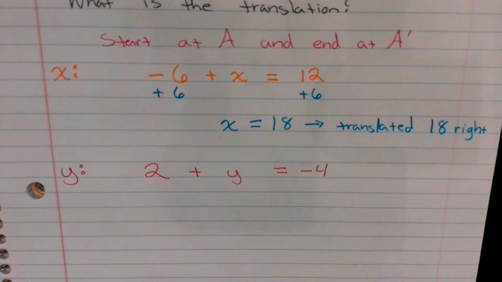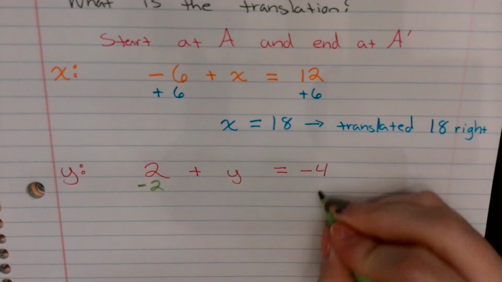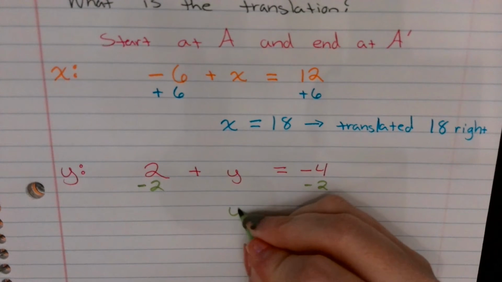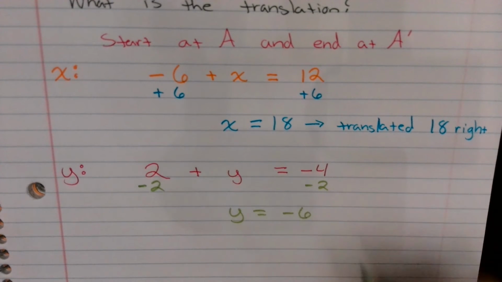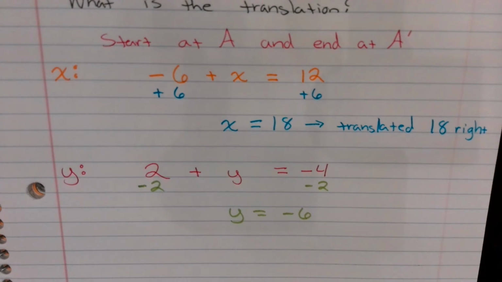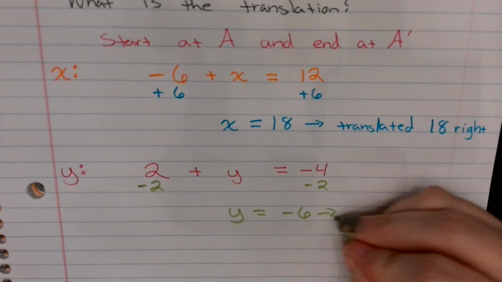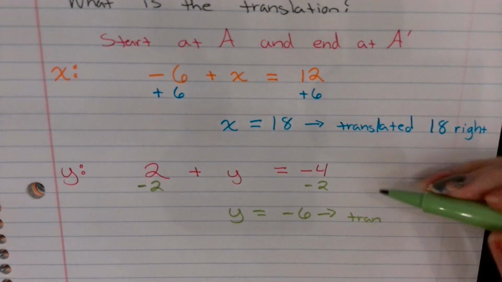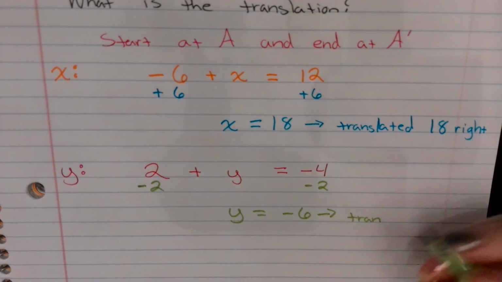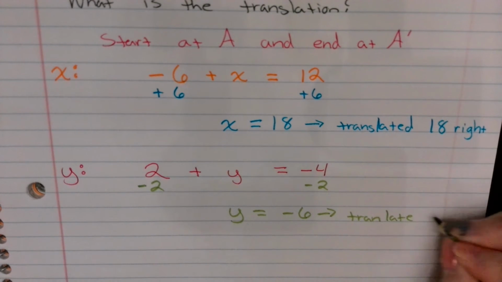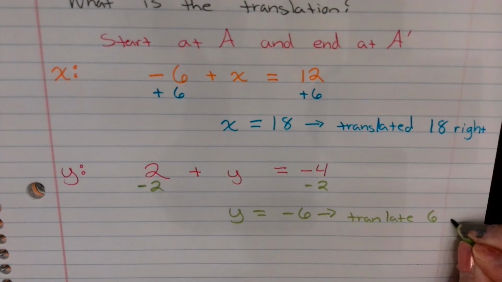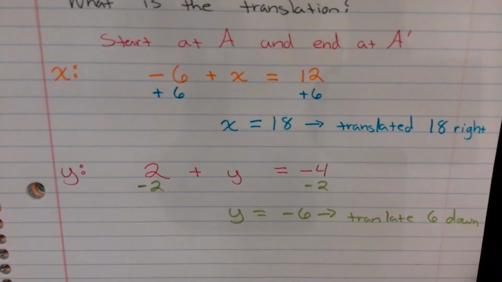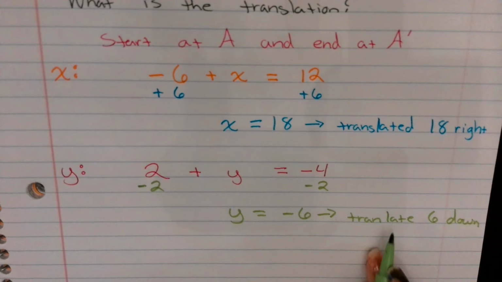Well, in order to get the y by itself, I'd have to subtract 2 from both sides. And that's going to give me y is equal to -6. So that means my translation for y wound up going in the negative direction. That's downward. So I went down 6 units, because it was negative, it means I translated down.